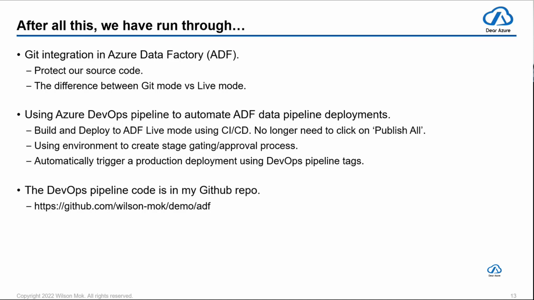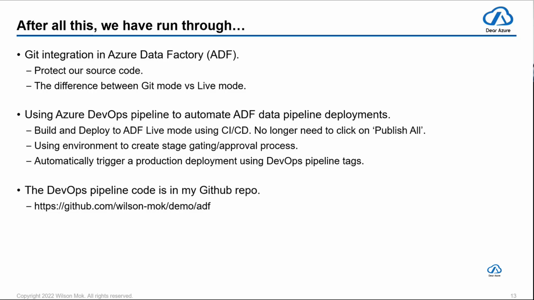And we are able to create an Azure DevOps pipeline to automate our ADF data pipeline deployment process. That includes building and deploying into our ADF in the live mode using CICD. We learned that now we no longer need to push the publish all button in order to publish our code. We set up a gating process or stage gating process or approval process by environment.